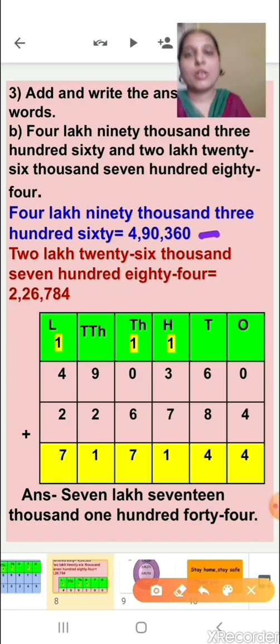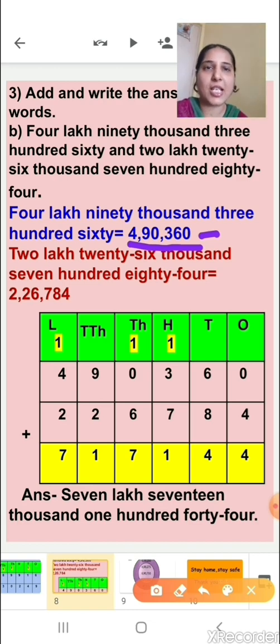You can see. So the number is 4,90,360. And the second number is 2,26,784. That also we will write in numeral. So it will be written here as 2,26,784. Now you have to add them.